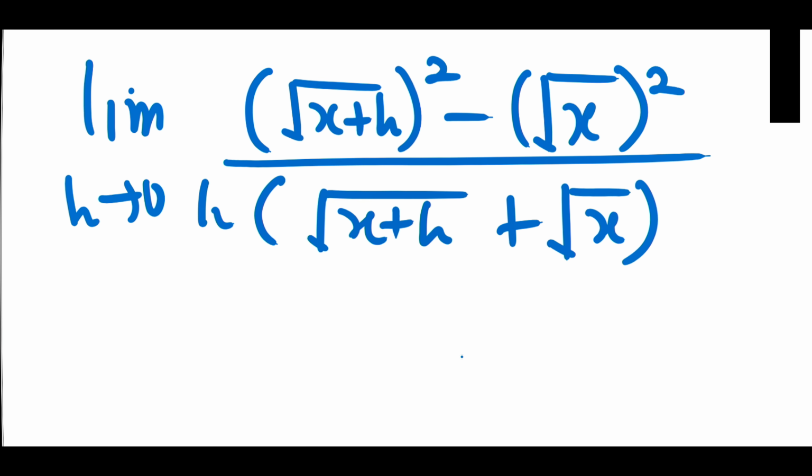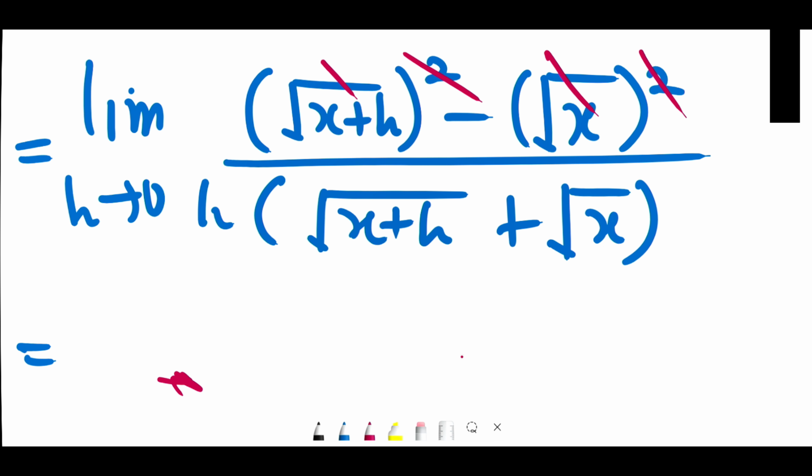So our numerator becomes, since we have this one here, this square cancels the square root. Another one here also cancels this. So we'll be getting the limit as h approaches 0.